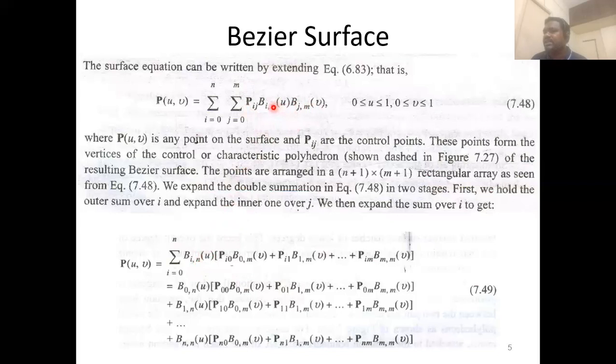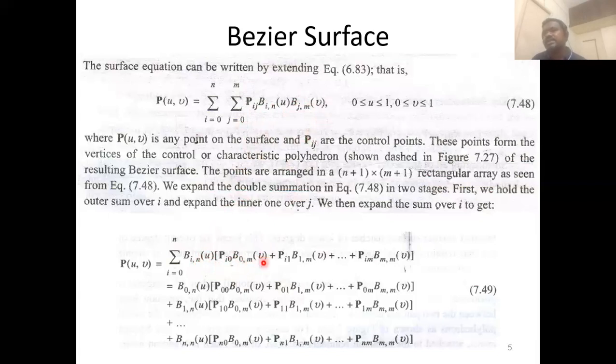Now you substitute j as a variable. In the first iteration, j will be 0 initially, so Pi0 appears here, with B 0m in v, the same expression.